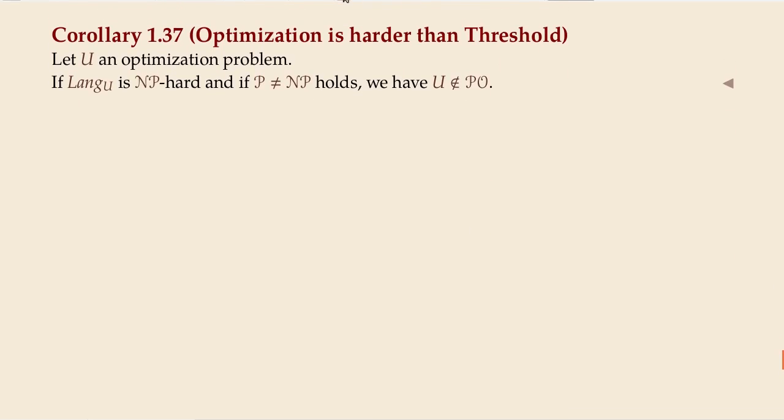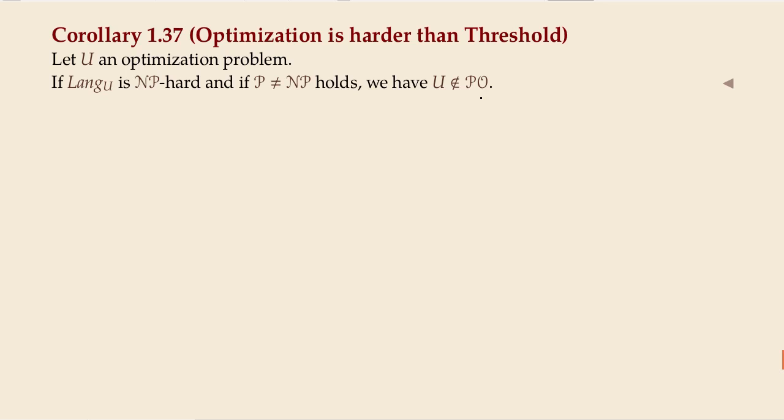This is what I already said. I want to briefly give a proof in the formal setting. If the threshold language is NP-hard in the usual sense, then U will probably not be in this class PO of efficiently optimizable problems, efficiently solvable optimization problems.